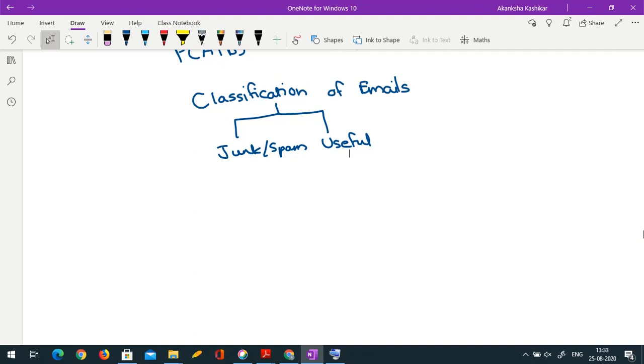You know that when we open an inbox, some of our emails are automatically transferred to junk and some of our emails are in the useful category. Nowadays the filter is quite accurate, but in the earlier days, sometimes useful emails used to end up in junk or junk emails used to end up in the proper inbox.